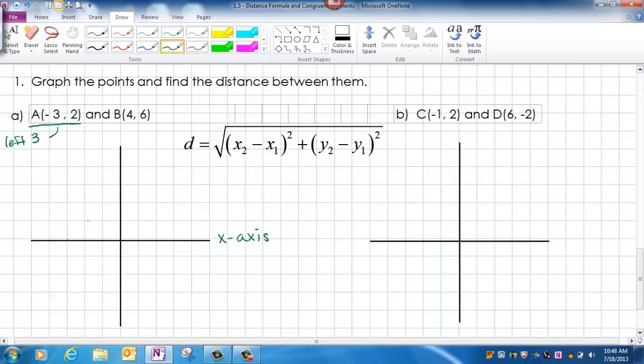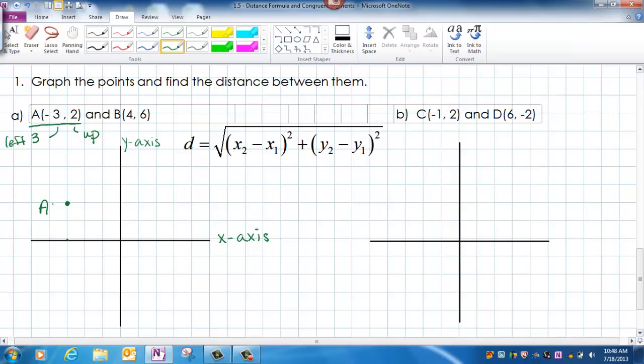And then the y-coordinate, here's our y-axis. Our y-coordinate is 2, so we are going to move up 2. So count over 3 to the left and then up 2, and that is going to be our point A.